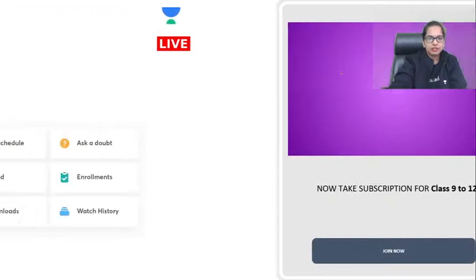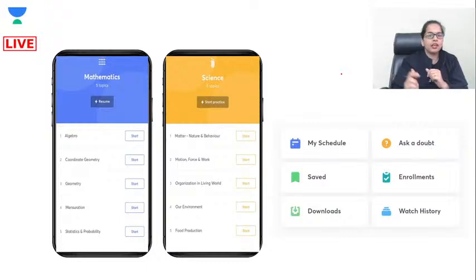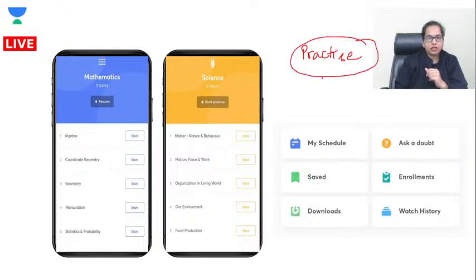Next, if you are having the Unacademy app, you have a practice tab as well, where you can do the daily practice of various subjects like maths, science, English and Hindi.